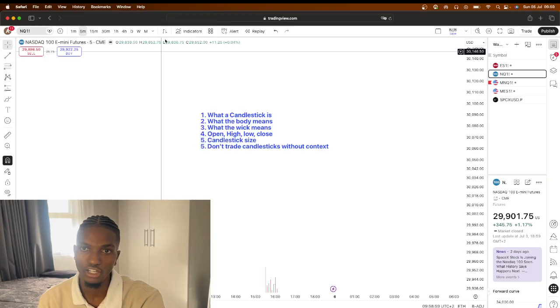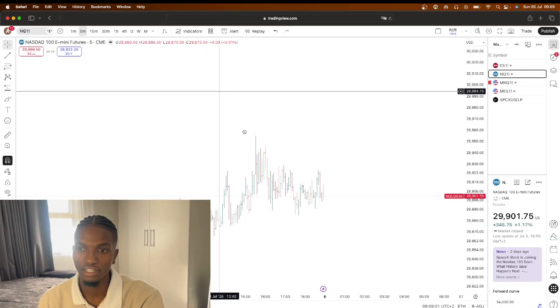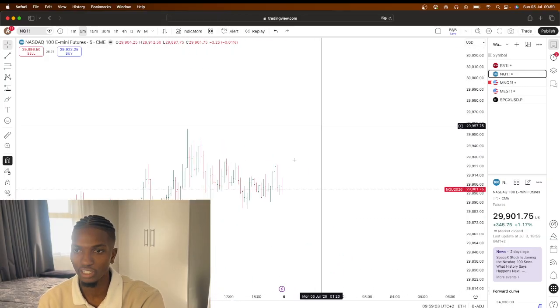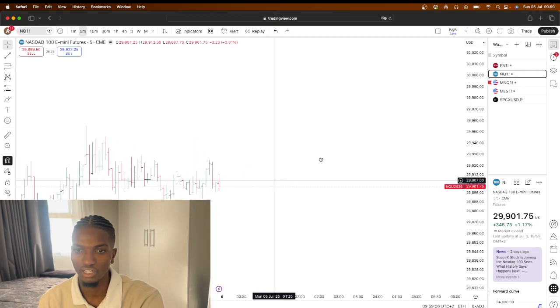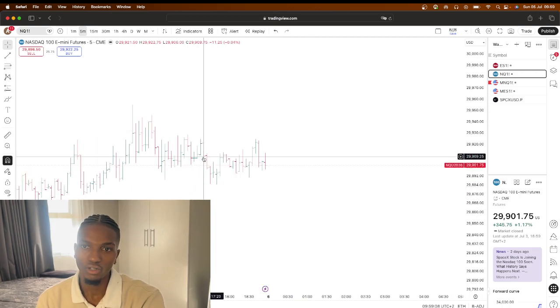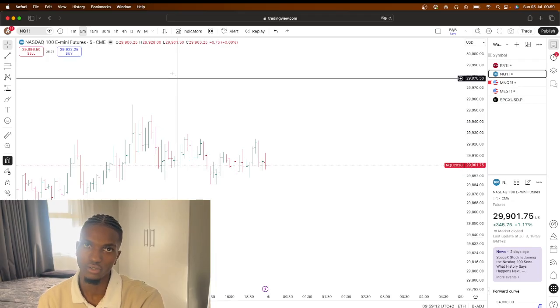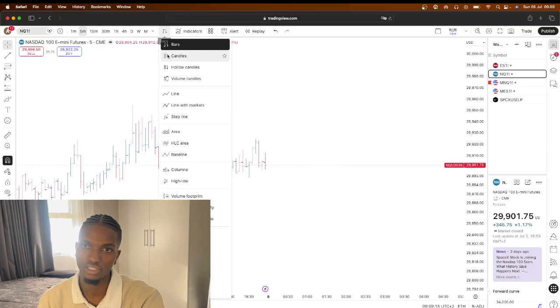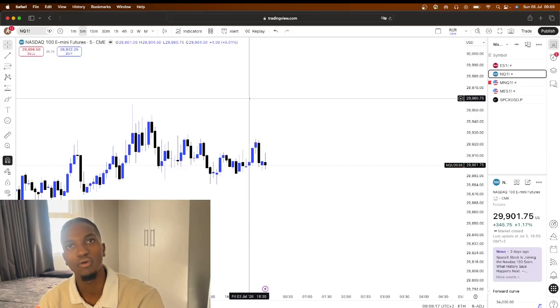You see I clicked on bar there. If we head over to the chart, you'll see your graph is now shown using bars. Instead of the bars, we select candlesticks because they are the common ones and they are easy to read.